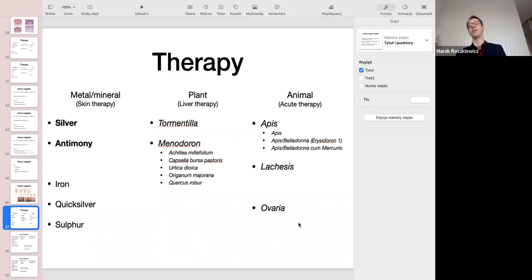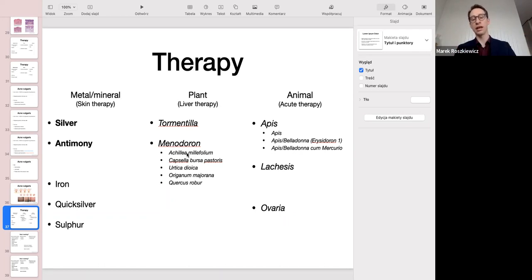And Ovaria, it is the organo preparation from the ovaries, and it is also mainly used in female patients. Basically, you can use Menodoron and Ovaria in different times of the cycle. For example, in the first half Menodoron, in the second Ovaria.